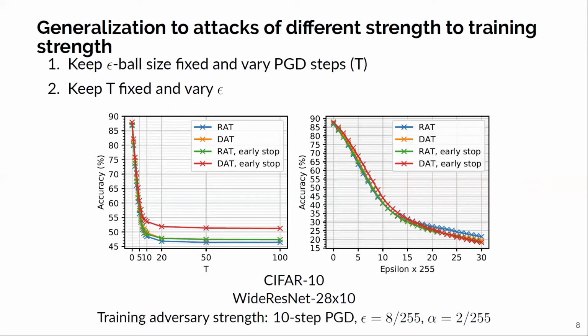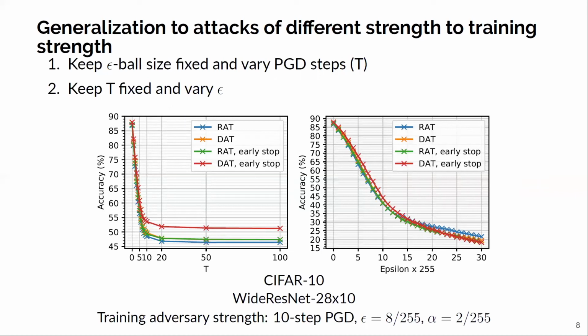Over here, we see that delayed adversarial training gives curves which are very similar to regular adversarial training, which indicates that the generalization performance of regular adversarial training is matched despite us using adversarial samples much later on in the training process. In fact, as we discussed earlier, in some cases, delayed adversarial training gives a higher accuracy.